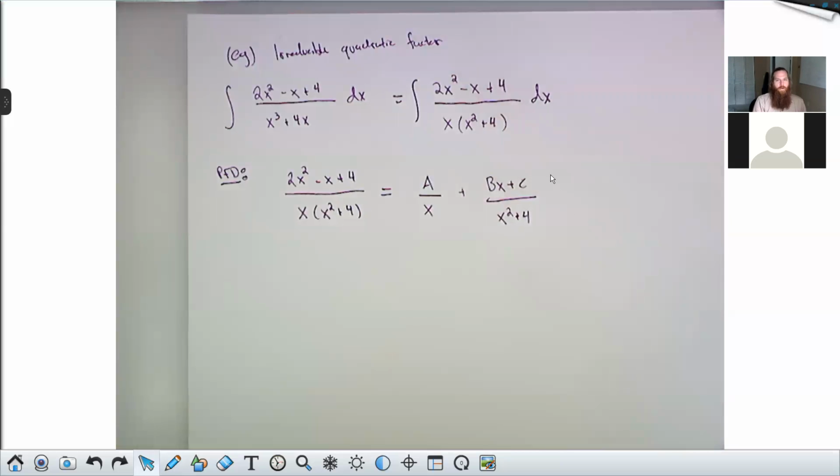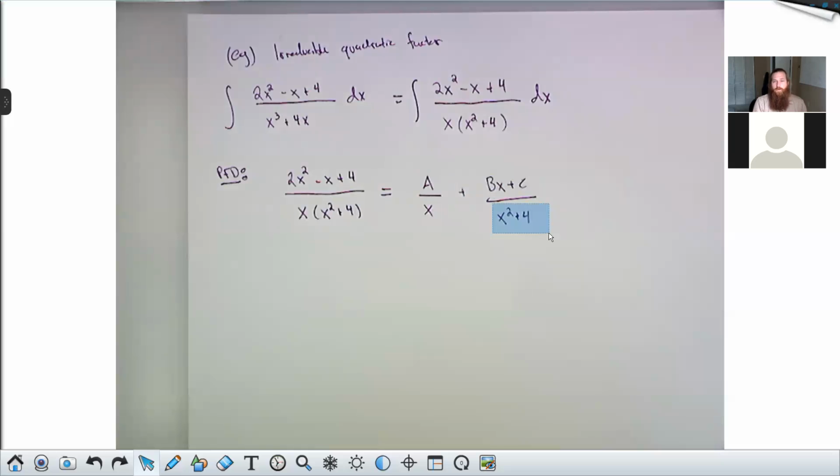I have to allow for all possible expressions that could have contributed this to the downstairs. Since this is a quadratic and I'm allowing for all possible proper rational functions that could have been added up to contribute this factor, I have to allow for the possibility that the numerator is linear. The degree here is 1. So the degree upstairs in any proper rational function where this is the only thing in the denominator has to be 0, which means that the numerator has to just be a constant.